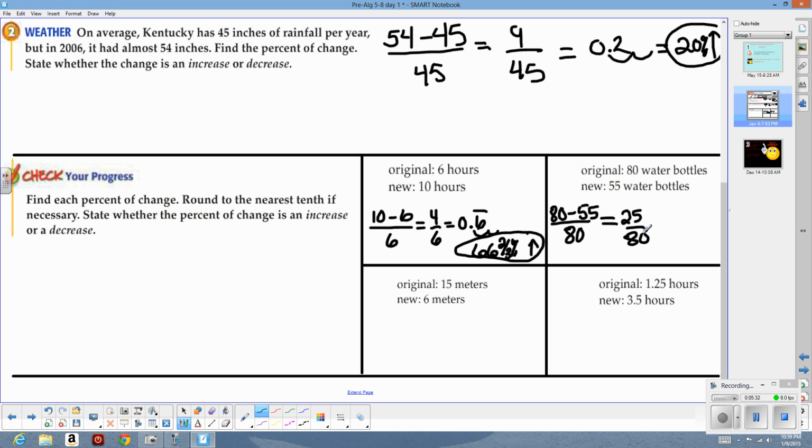Divide that by 80. Now change it to a percent by moving the decimal 2 places to the right. So 31.25%, or to the nearest tenth, it would be 31.3%. And this time it went from 80 to 55, so that's going to be a decrease. 31.3% decrease.